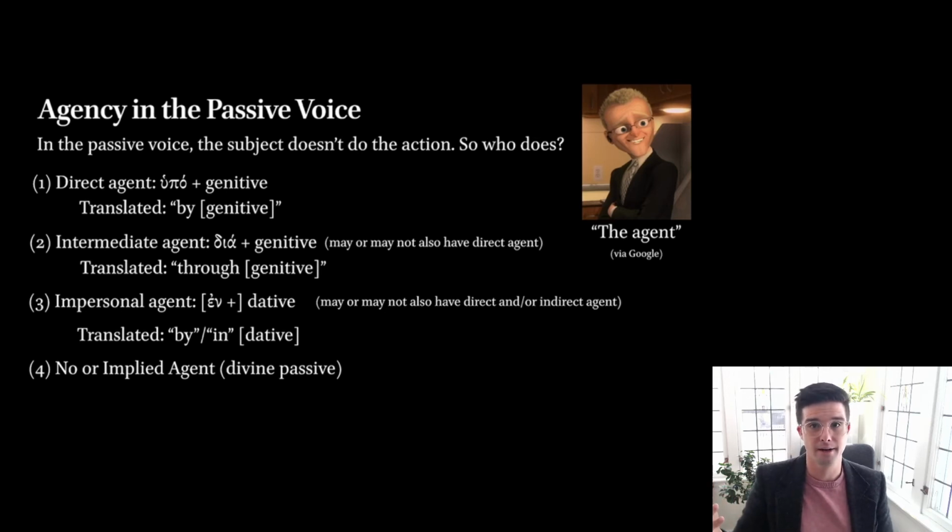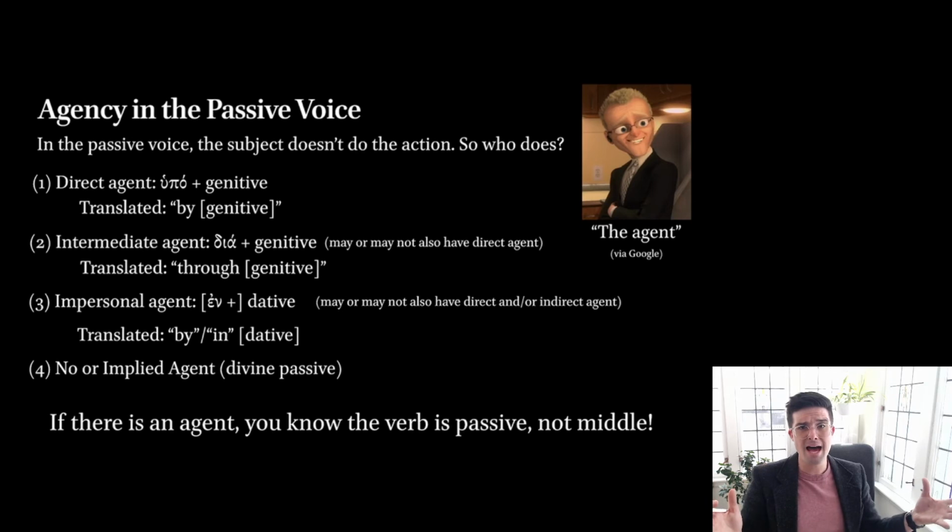You know, "I am saved," or something like this. Without one of these, the implication is that by God, God is the one producing the action of the saving. So you'll see all four of these different options to indicate who is doing the action of the passive verb.